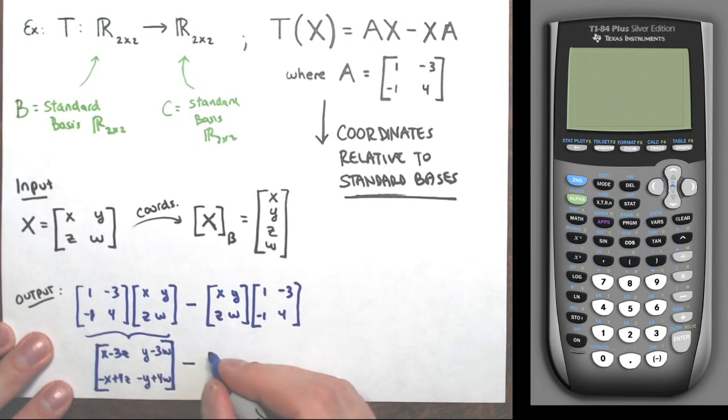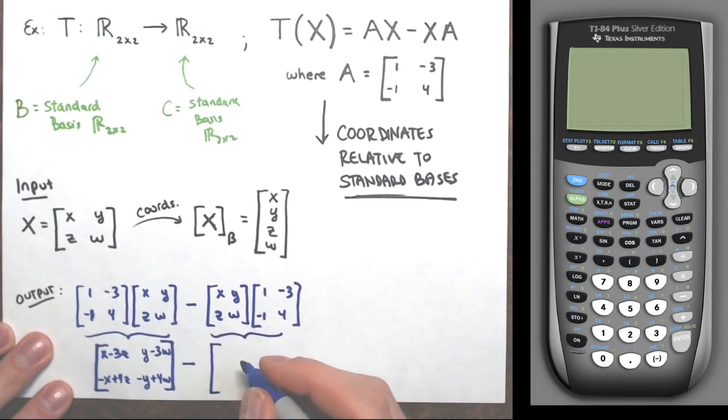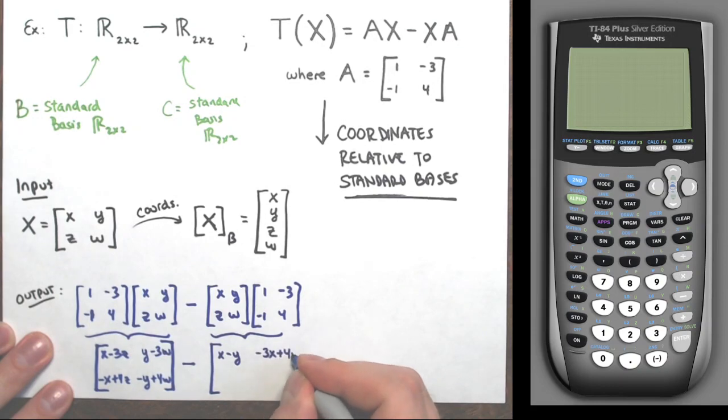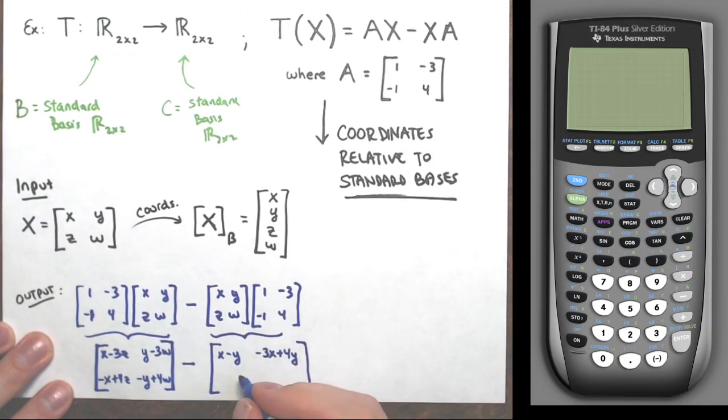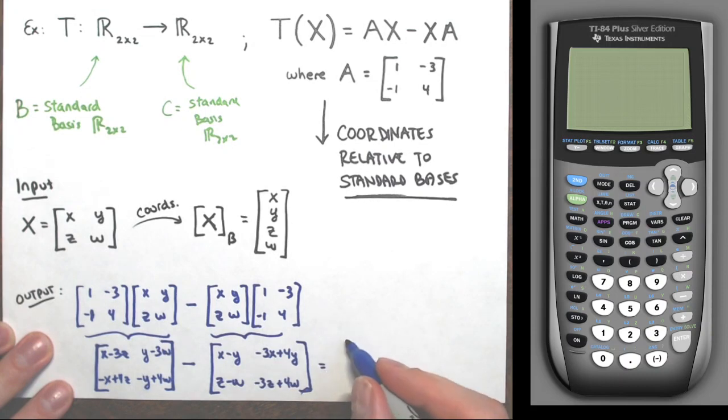Then we're subtracting the product of the other two, which is x minus y for the first row, first column, negative 3x plus 4y for the first row, second column, z minus w for the second row, first column, and negative 3z plus 4w for the second row, second column, and then putting these together.